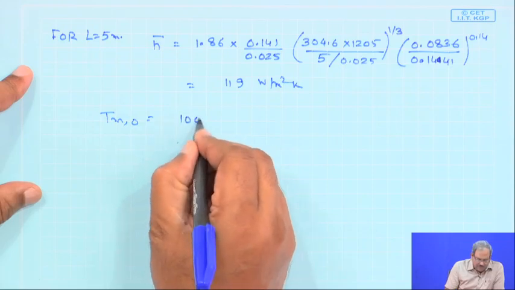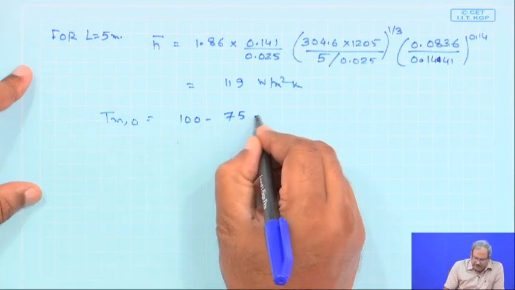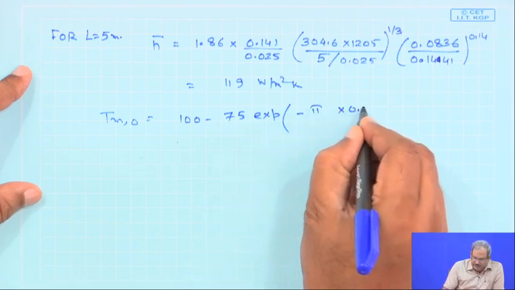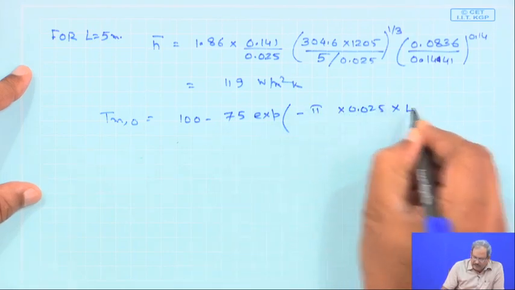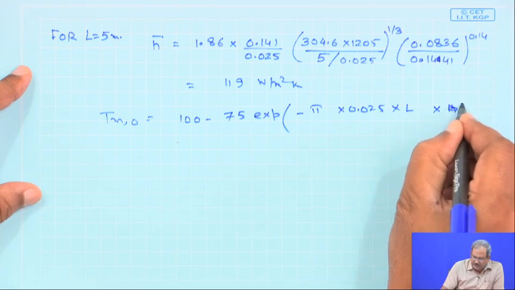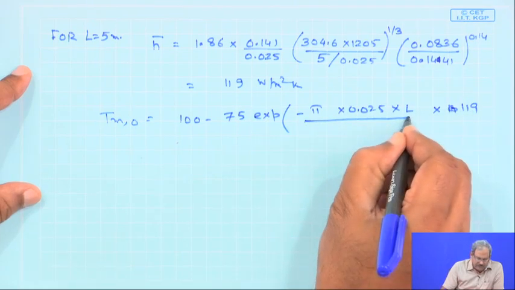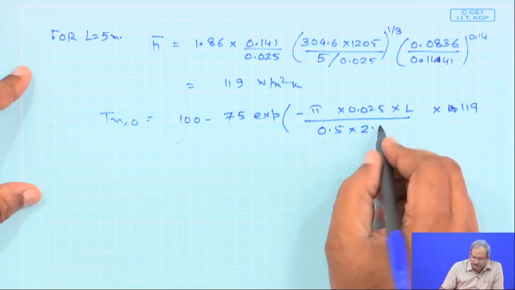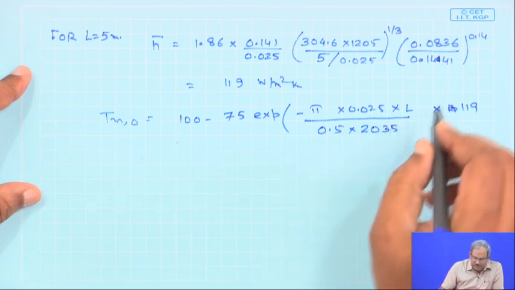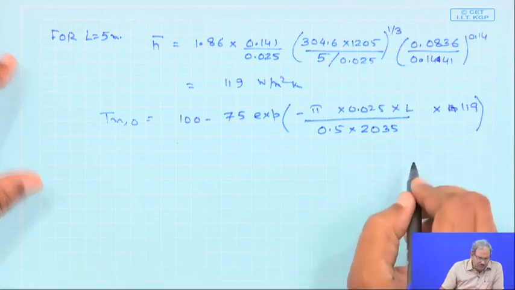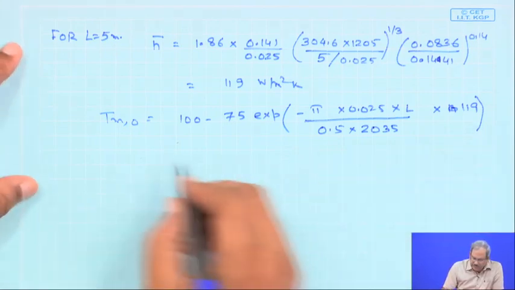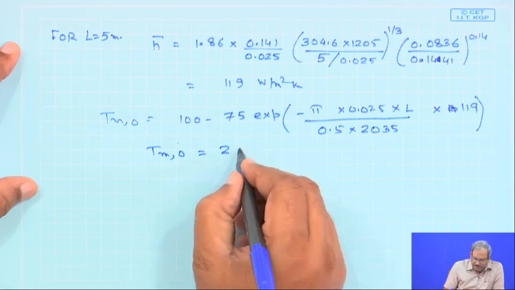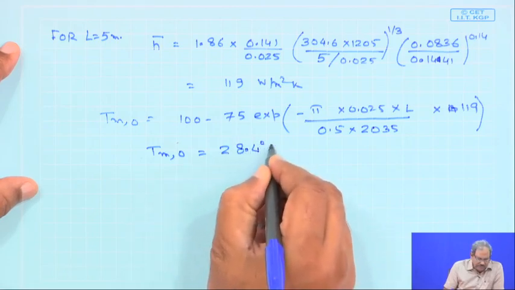So, it is a straightforward use of the formula to obtain TMO for the case of 5 meters to be equals 100 minus 75 exponential minus pi d L times H, which is 119, divided by m dot into Cp. So, this is what it is going to be, and this TMO would turn out to be 28.4 degrees centigrade.